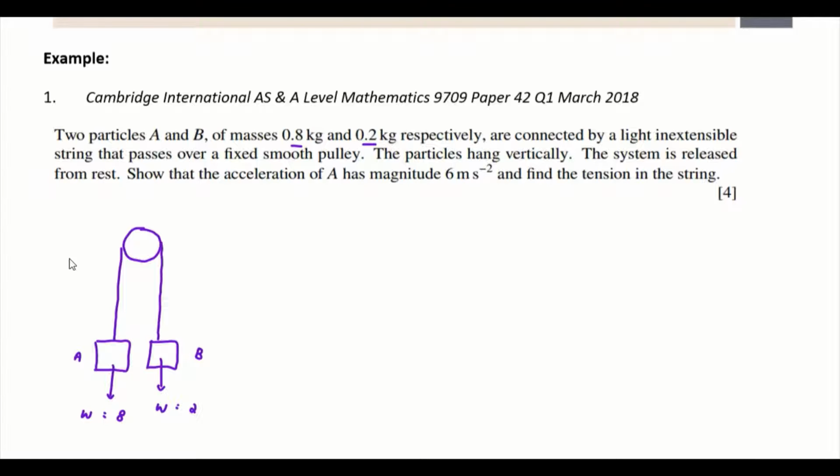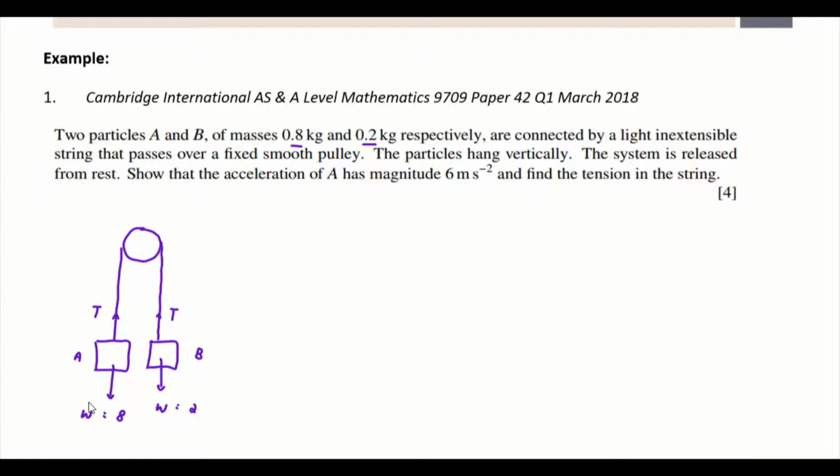All right, so now let's try to look at this picture. We know that this is the weight, so the two particles are connected by this string, right? That's why there's a tension here going up. Because this is the same string and the pulley is a smooth one, the tension over the line is actually the same. Now let's imagine the motion of the particles. Particle A has a higher mass, am I right?